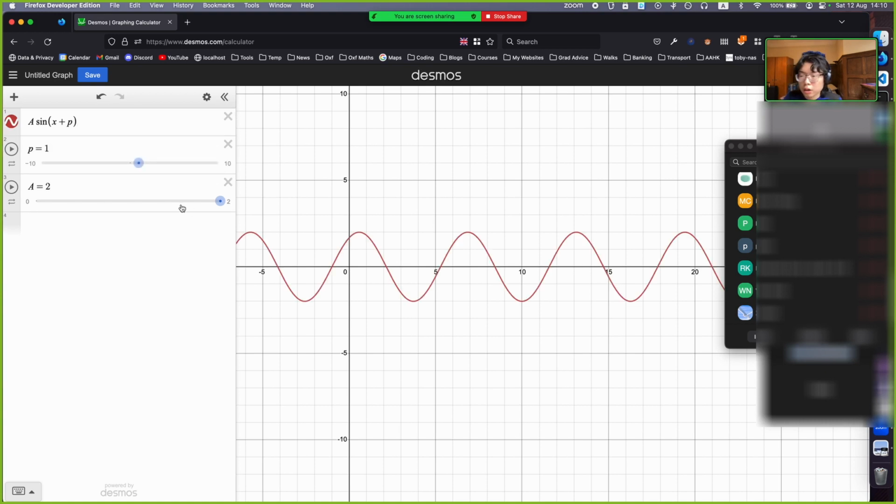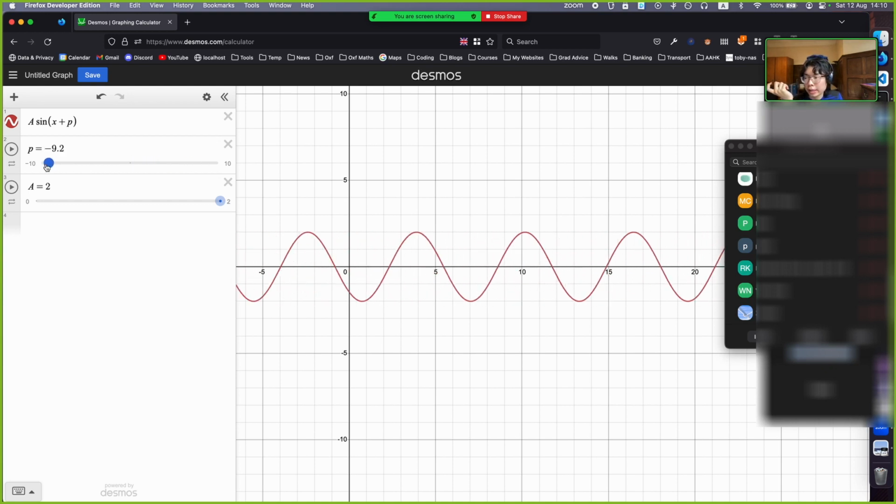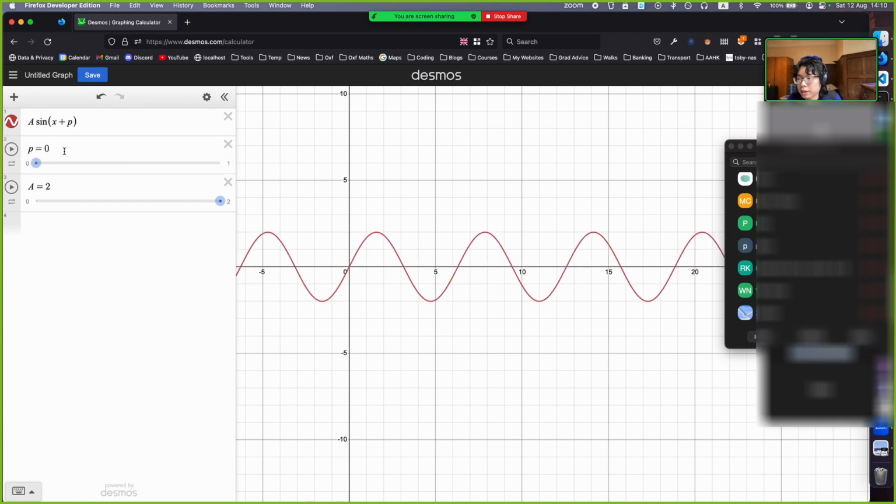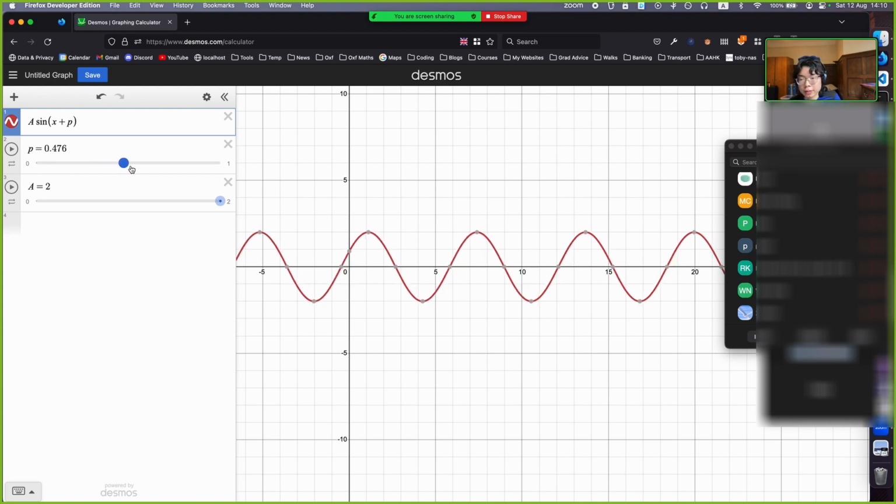We add something to the function, like the graph translations you might have done in DSE maths. We can translate this graph wherever we want. If we don't translate anything, it's going to be here. If we increase p, this corresponds to a translation to the left, and so this wave moves leftwards.